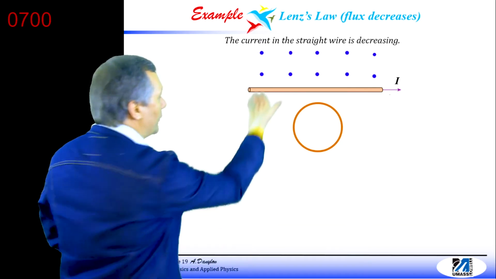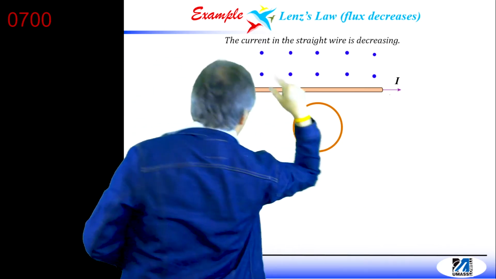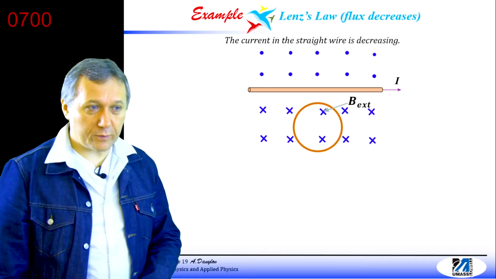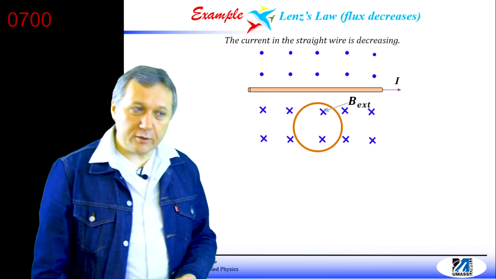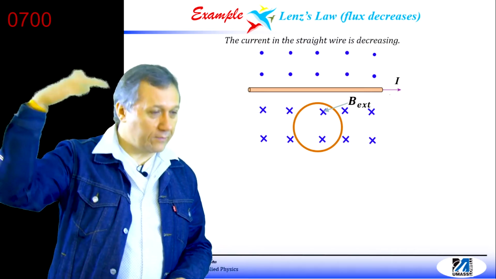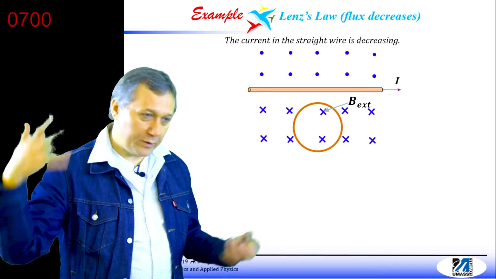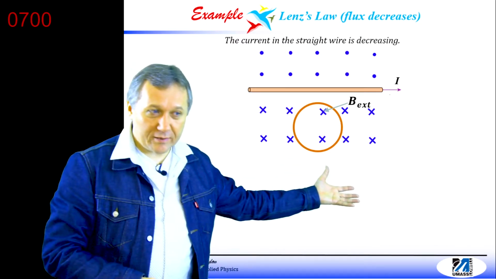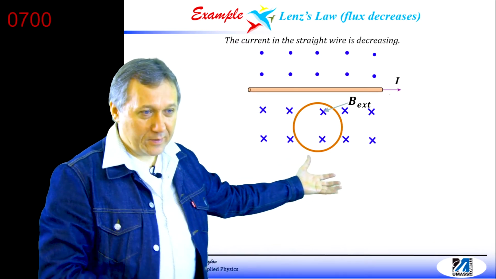And below the wire, the magnetic field lines will go into the screen, a bunch of crosses. If you want the magnitude, you remember B equals mu naught I divided by 2 pi r. We used that formula many times. Okay, so that's our external magnetic field.